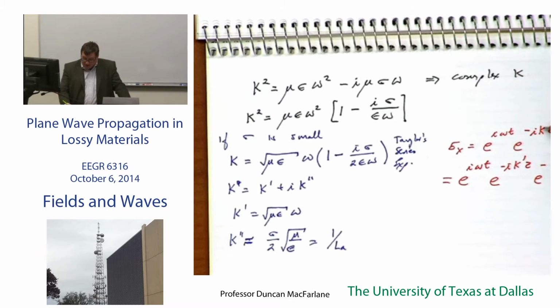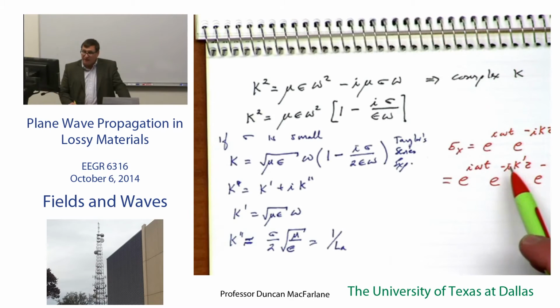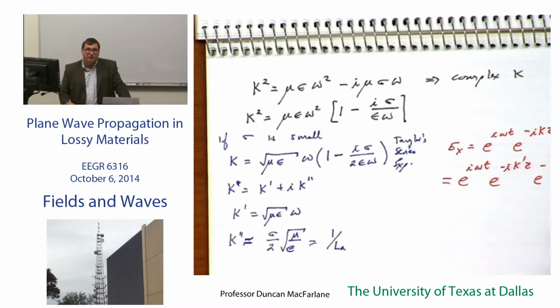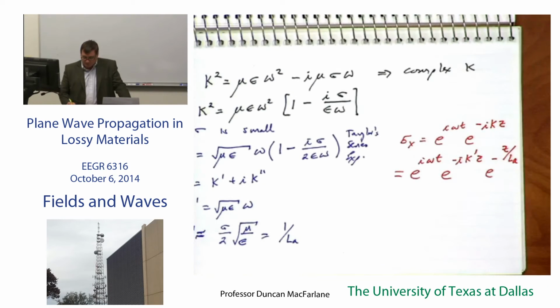My complex k breaks apart into an imaginary part, which is exactly what we had before, and a real part, which is this.